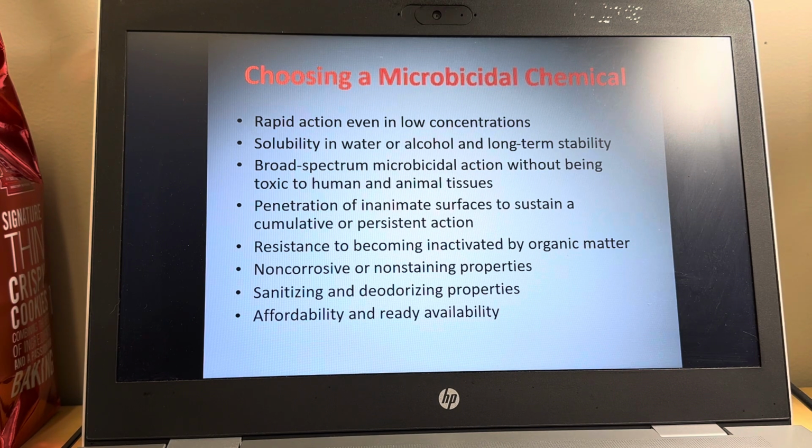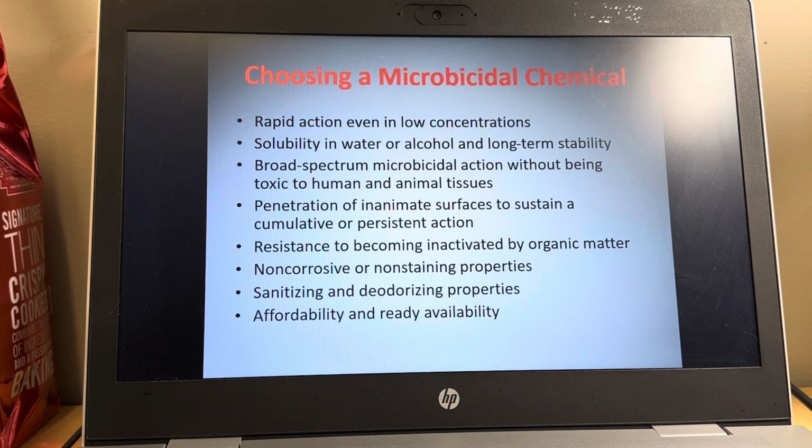Okay, you would love for it to be soluble in water and be able to dilute it, so that it has good and rapid action even in low concentrations. You would like it to have broad spectrum microbicidal action, meaning that it's going to kill a whole bunch of microbes, but it's not going to be toxic to human tissues. Because what good is it if it ends up killing the person who's actually applying it? So you want it to be non-toxic.